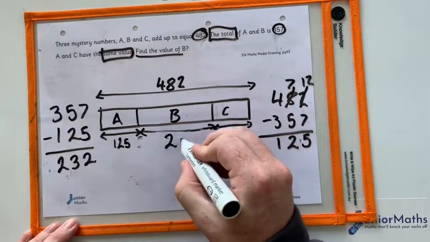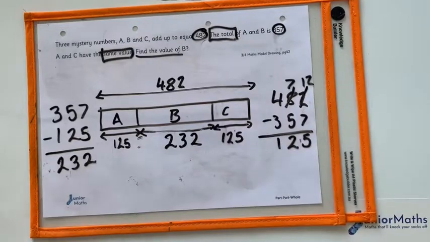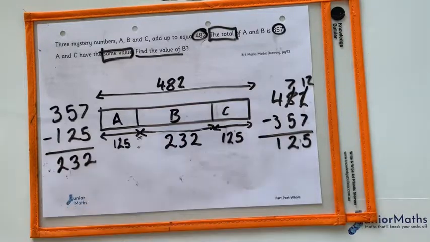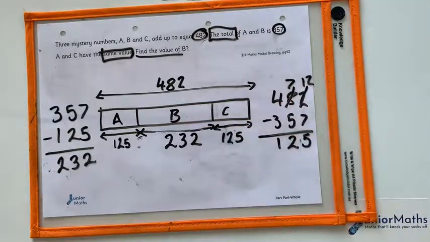So B is worth 232. So these two will add together to equal 357. And when you add all those numbers together, they will equal 482. So the value is 232.